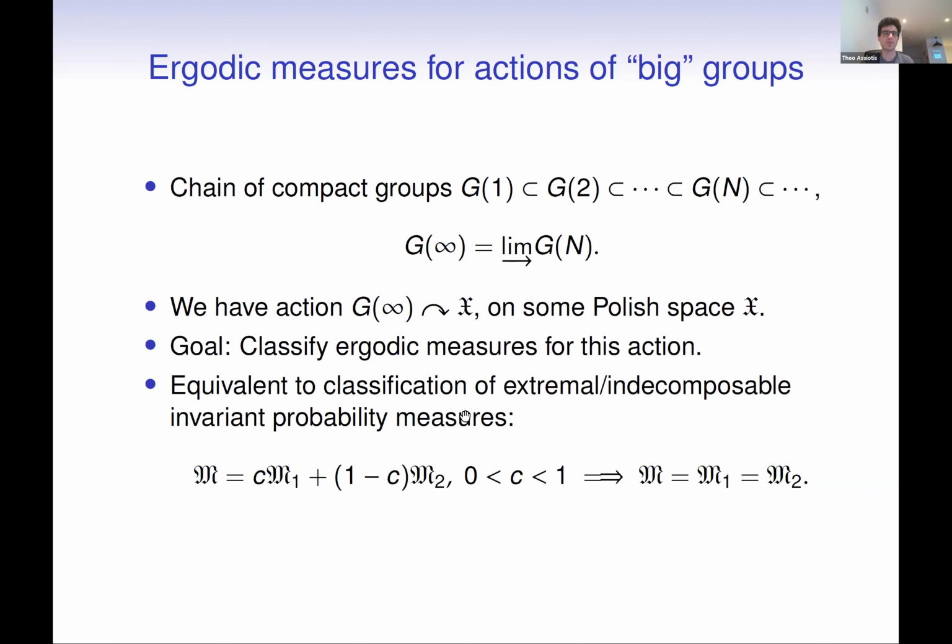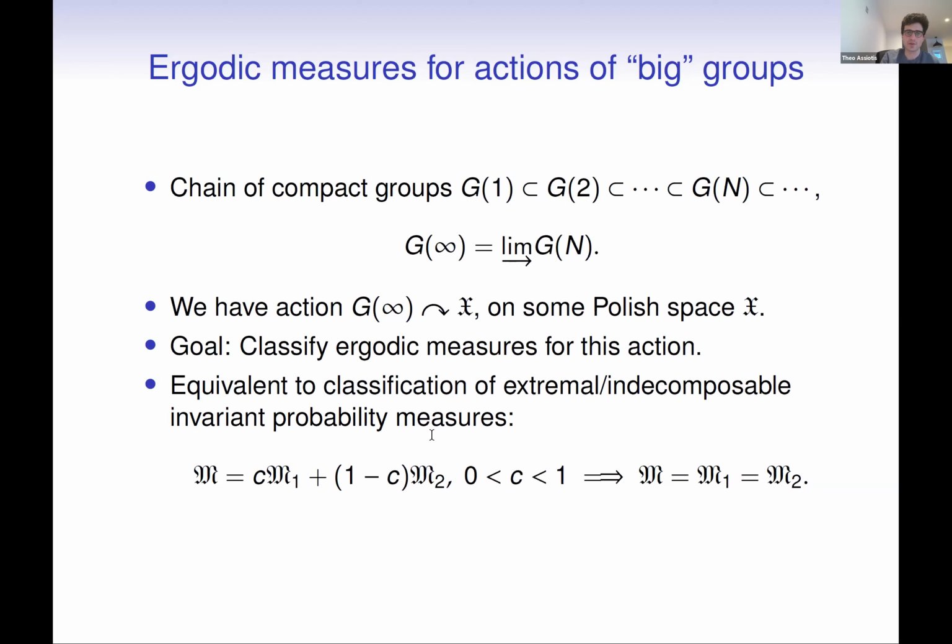So we have a probability measure on X which is invariant under this action, and if I can write it in this way, then necessarily all three are the same. So these are the extremal measures, and actually they're equivalent to ergodic measures.